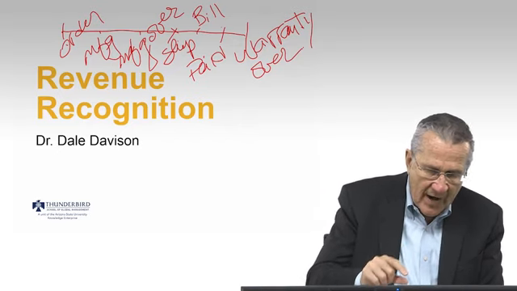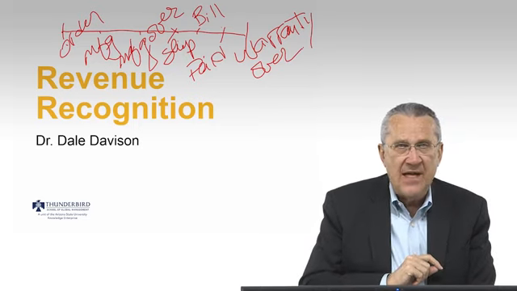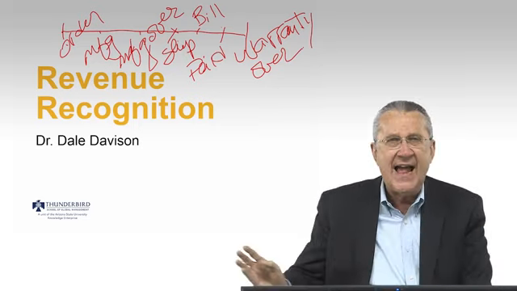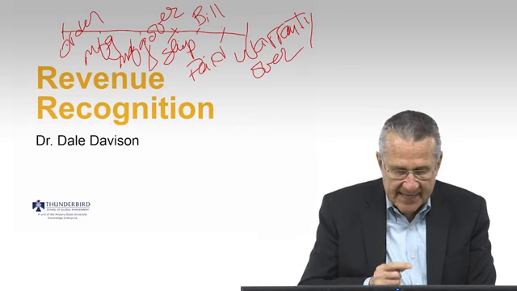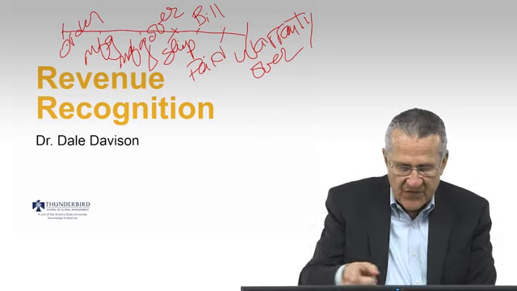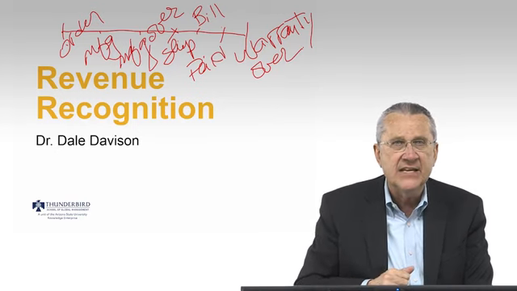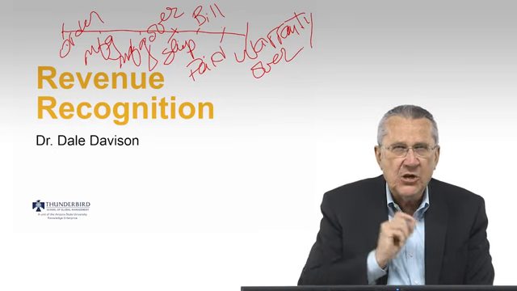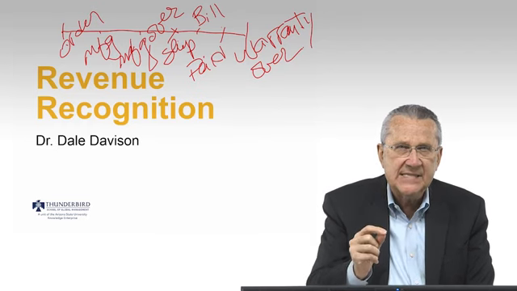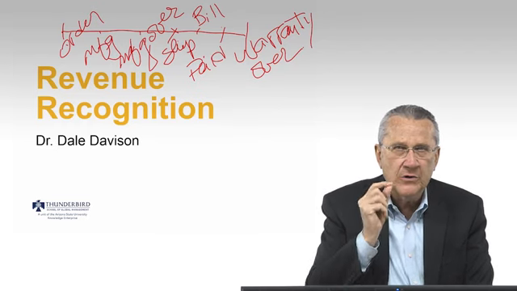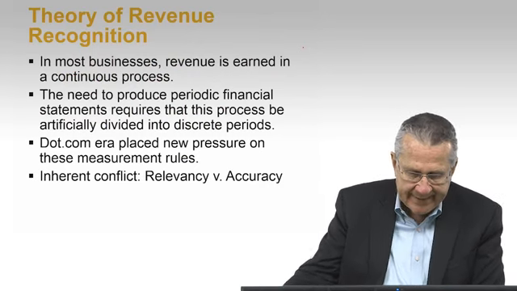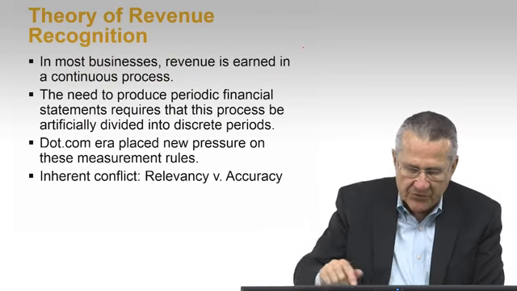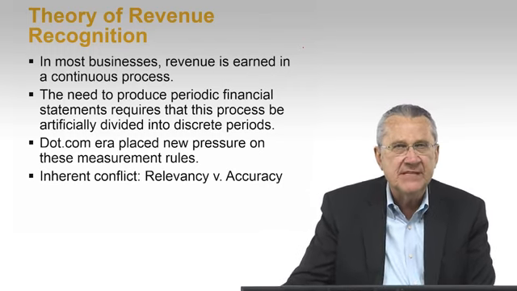So revenue recognition is complicated by the fact that you've got all this activity going on at the same time. And we need good cutoff. We need to say that some point in this set of activities, there is a magic point at which we may say we have earned revenue. Now, we're going to have to produce these periodic financial statements.